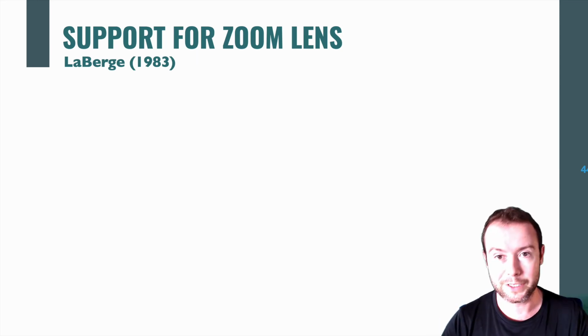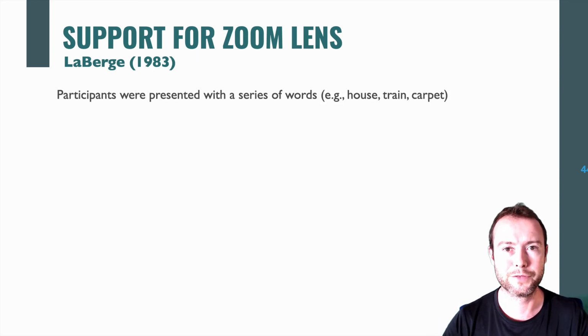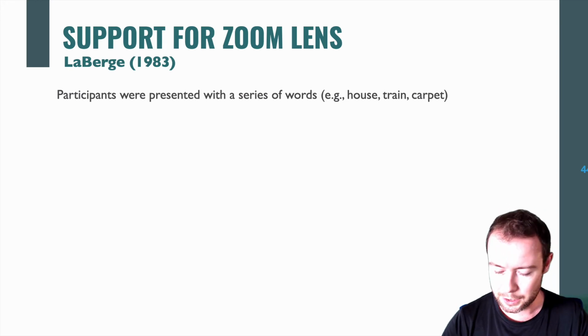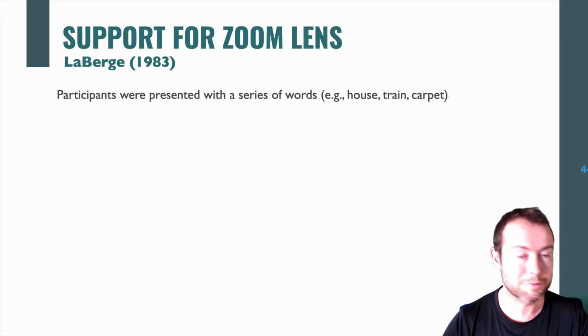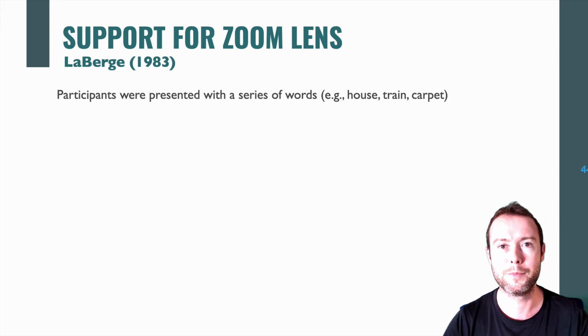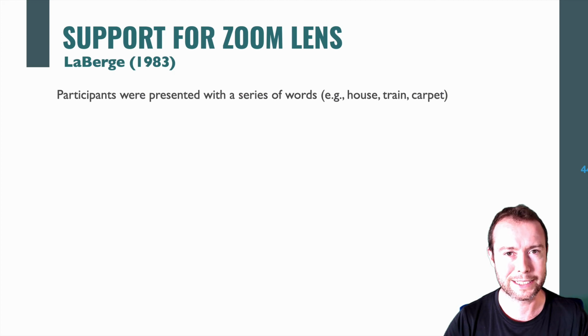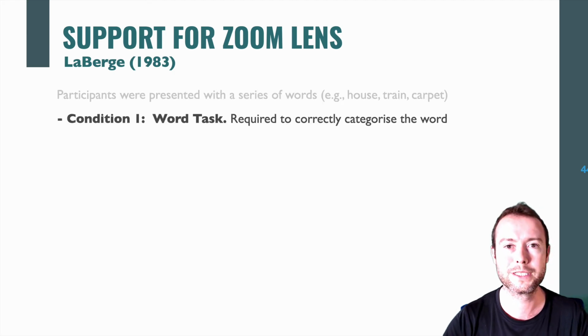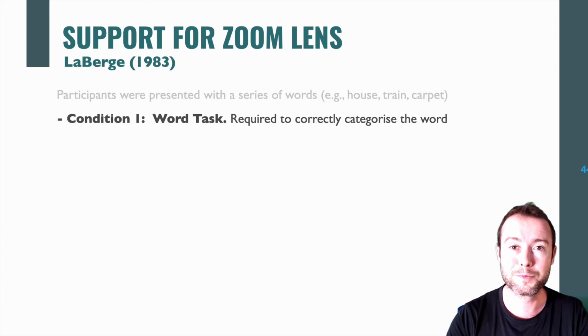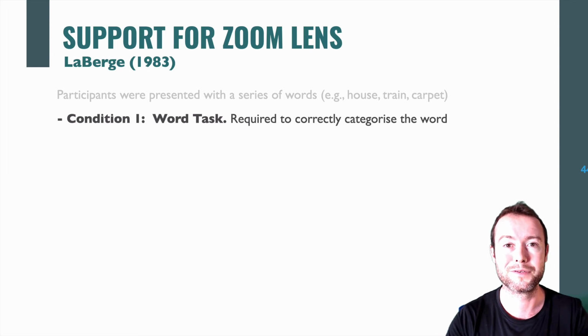Now, in a study that provides a nice test or illustration of the zoom lens theory, LaBerge presented participants with a series of 5-letter words. So examples might be house, train, carpet. I know carpet has 6 letters, but all of these were 5-letter words. And they asked participants to perform 2 different types of tasks.